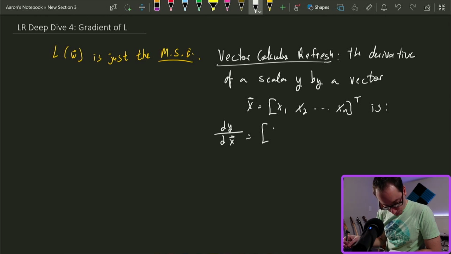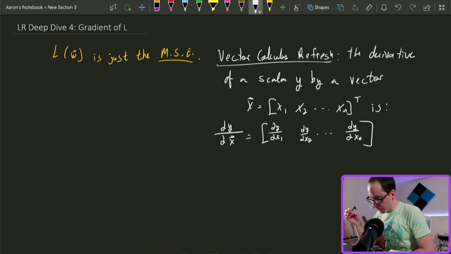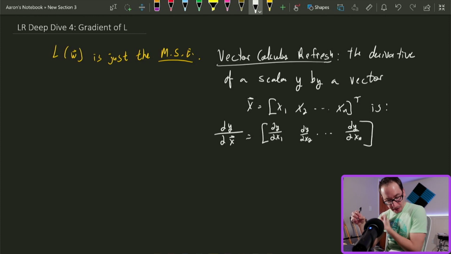So this is going to be the derivative of y with respect to x1 in the first component, the derivative of y with respect to x2 in the second component, so on and so forth, the derivative of y with respect to xn. So that would be the derivative of y with respect to x. And the gradient is just the transpose of this.